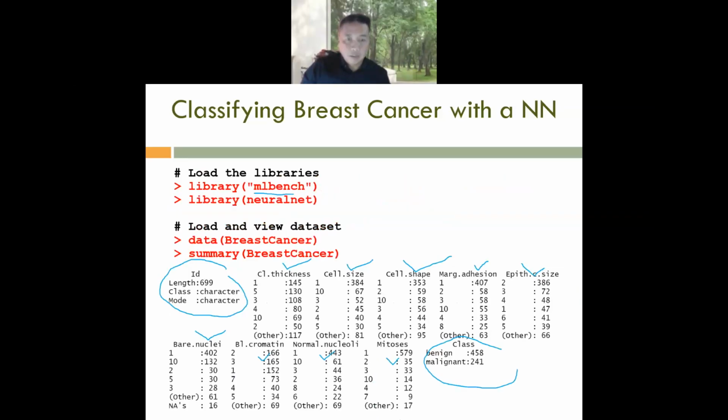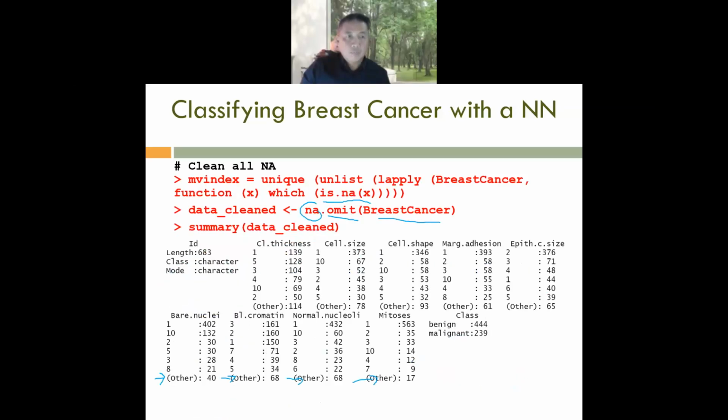Before that, we had this NA value here. When we perform this, we omit all the NA from the breast cancer and store the result in data clean. Now we don't have any NA.